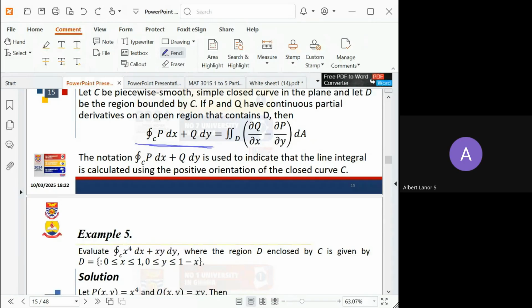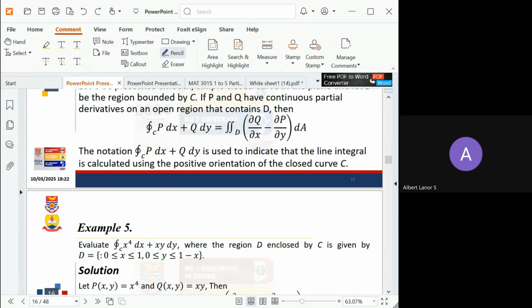First, you take the Q, you differentiate with respect to x.